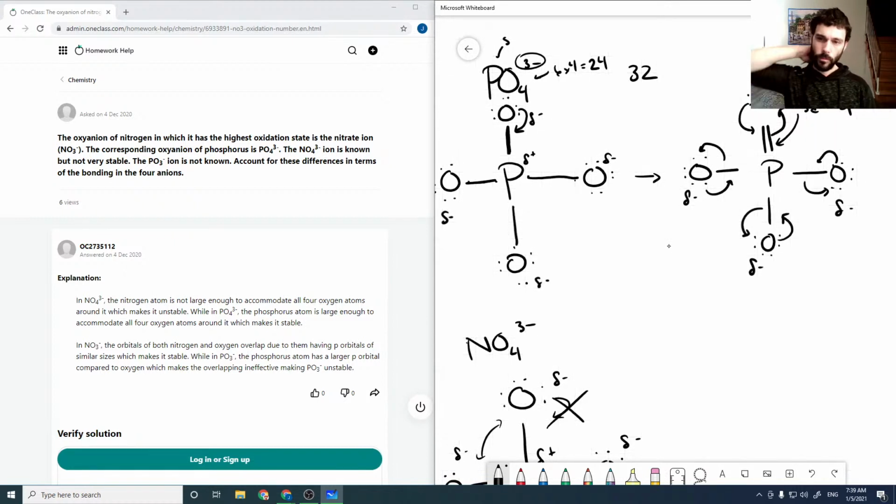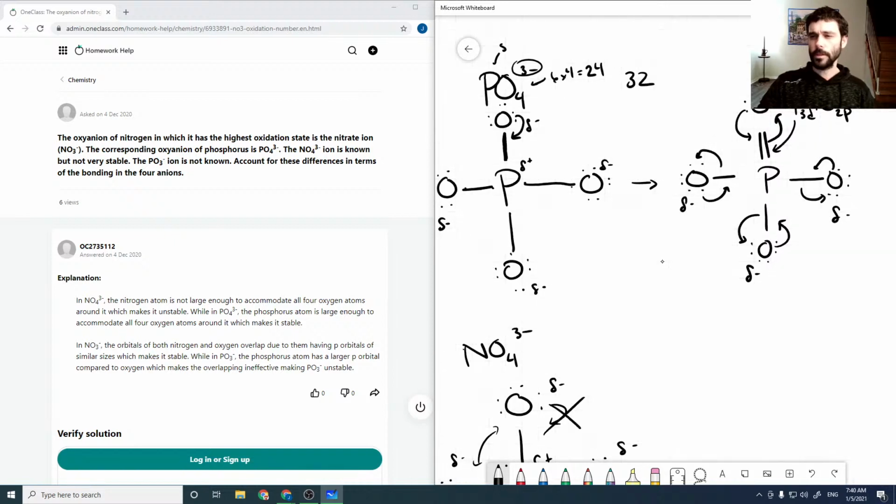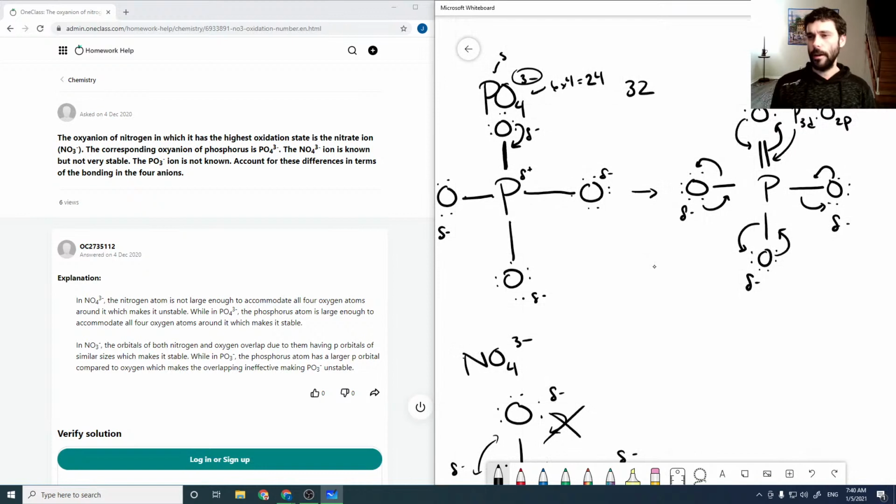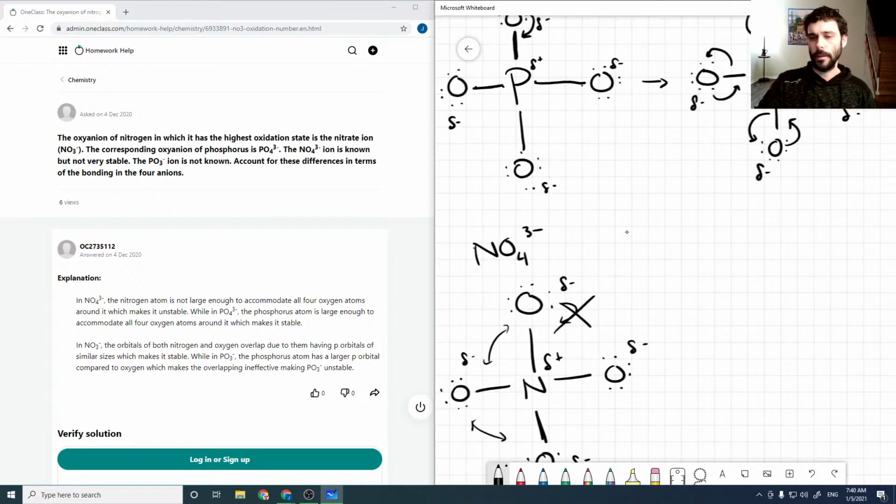In the case of PO4 3-, the ability to become hypervalent allows for, even though the double bond might be weak, heavy delocalization of charge across the structure. And although our 3d to 2p overlap isn't great, it's still better than nothing in this case.